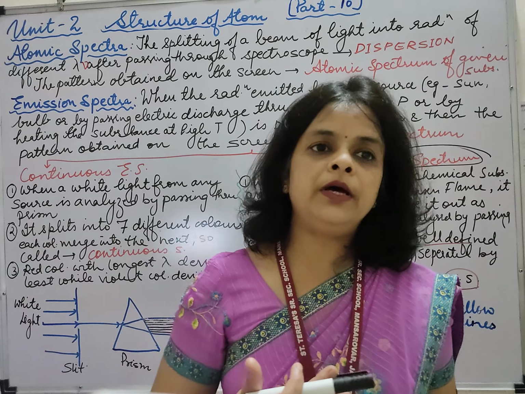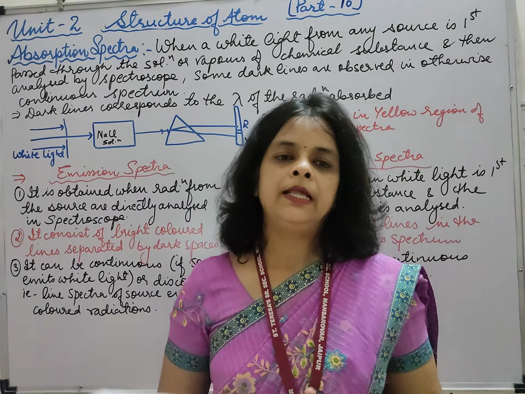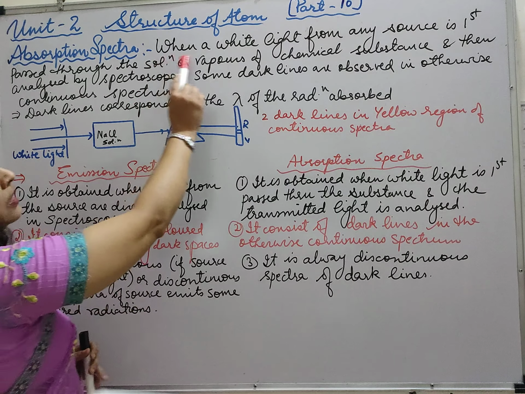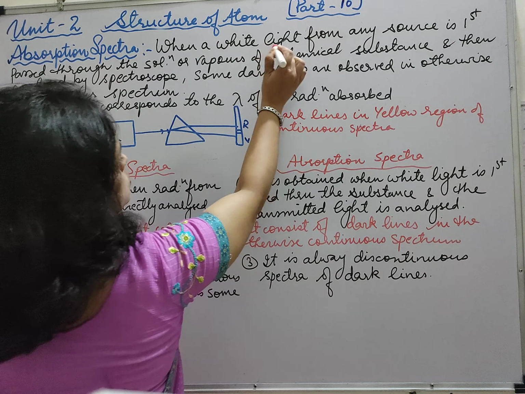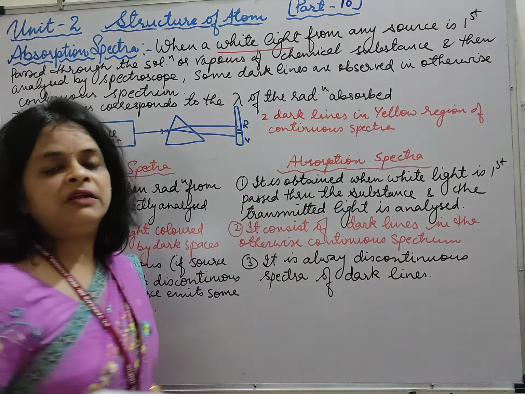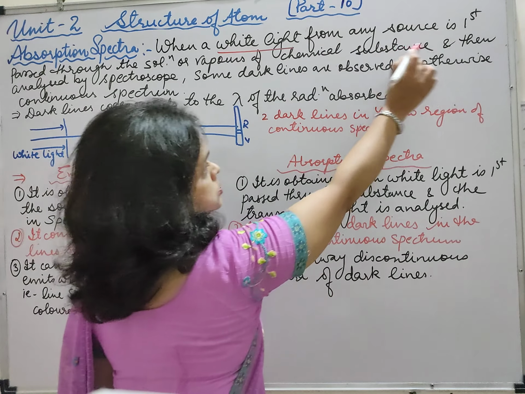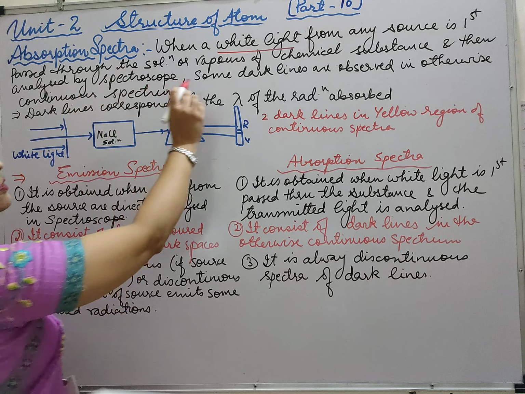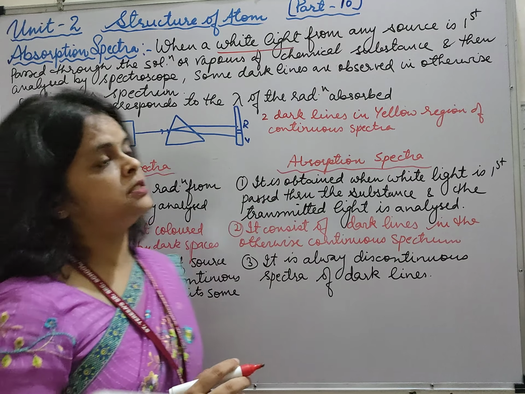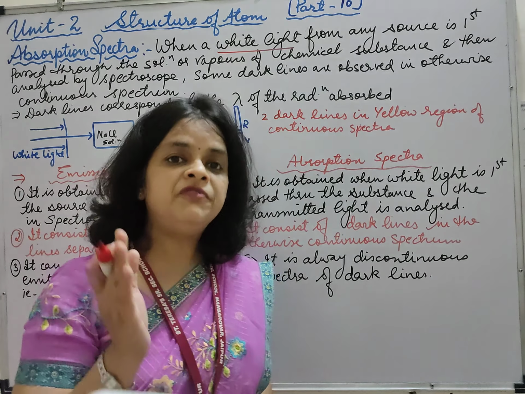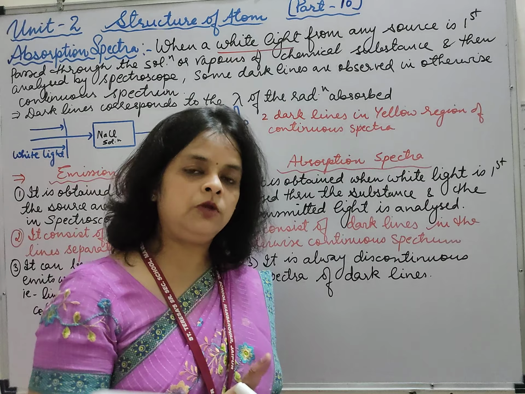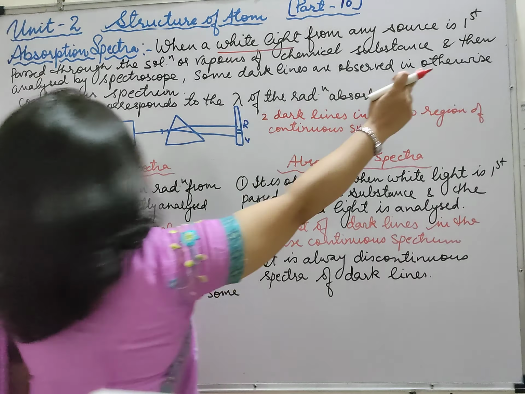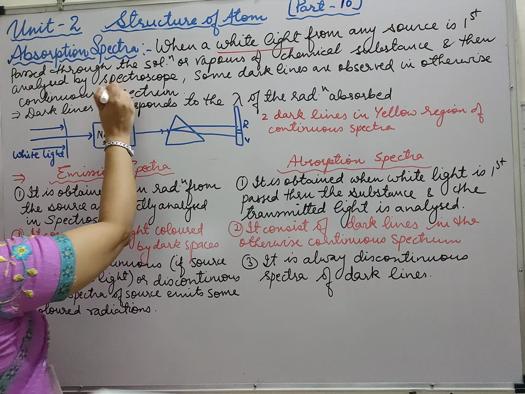So now let's go through the absorption spectra. When a white light from any source is first passed through the solution or vapors of the chemical substance, means your white light है, first it is passing through the solution of the substance or through the vapors of the substance, then analyzed by the spectroscope.